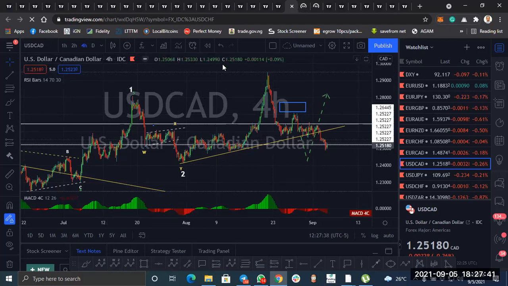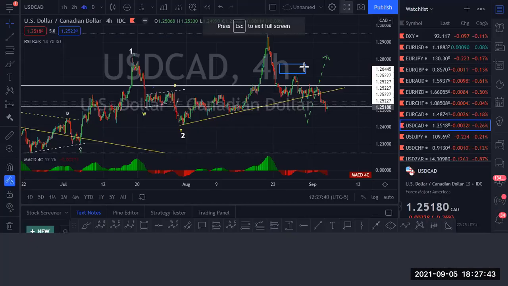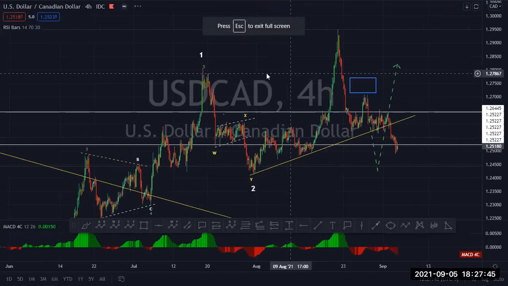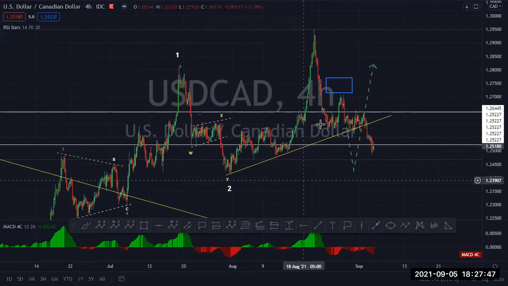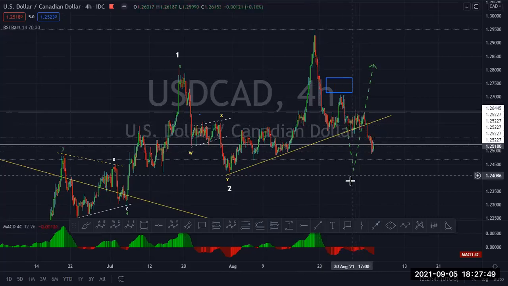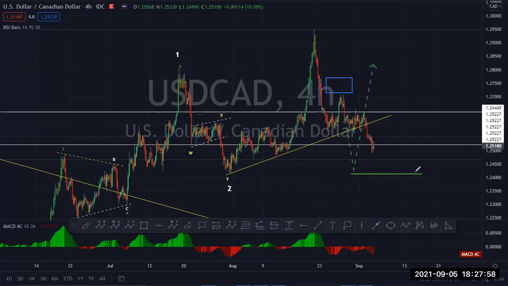On USD CAD, I expect it to drop to this level. This is the level I expect it to drop to. Right now, I don't know if it will go to this level or not, but it may not come to this level.